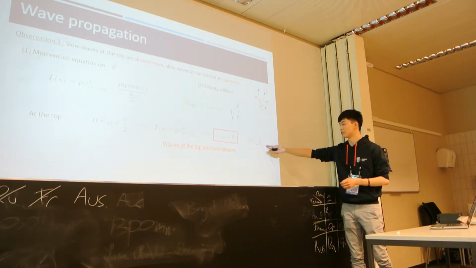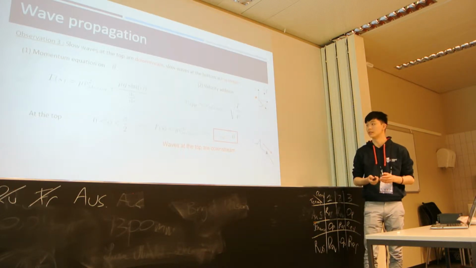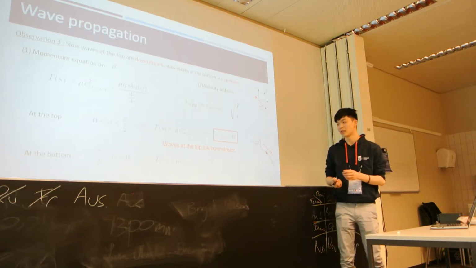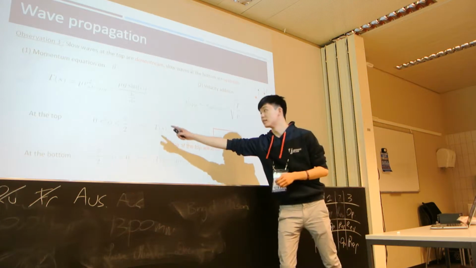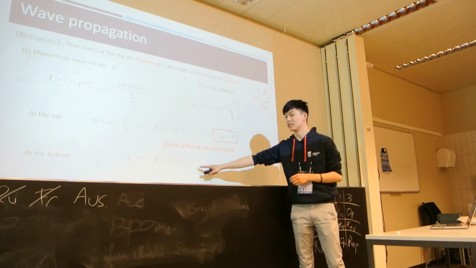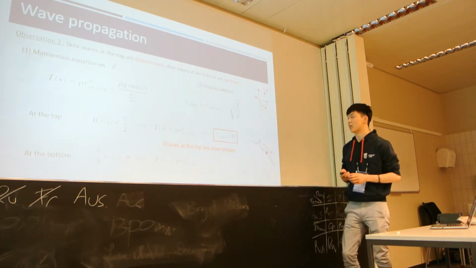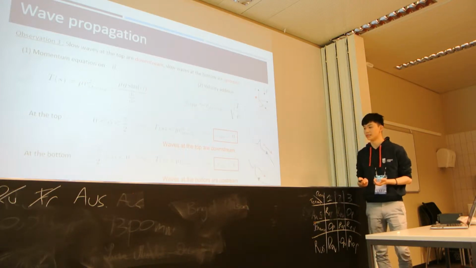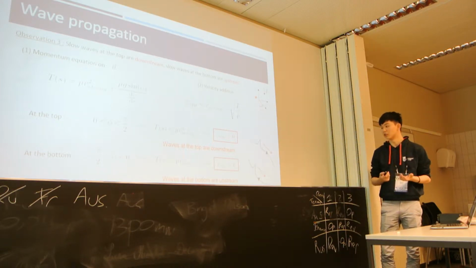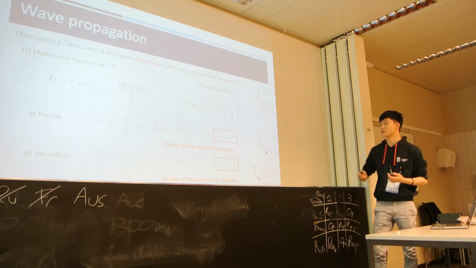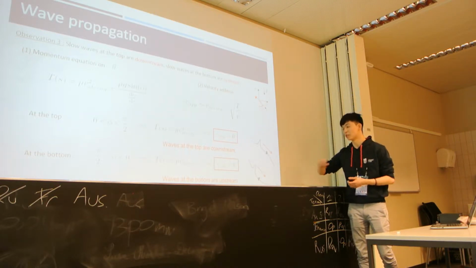So in our convention, this means that the waves at the top are indeed downstream. And similarly, at the bottom, the second term is this time positive, so the tension is greater than mu v squared, and so the apparent velocity of the string is negative. So the waves at the bottom are upstream, and you get the limit case where at the tip the velocity is 0.